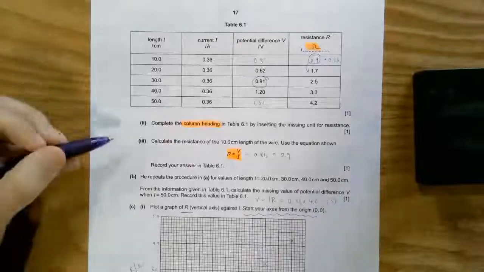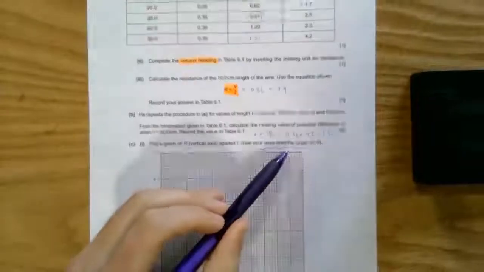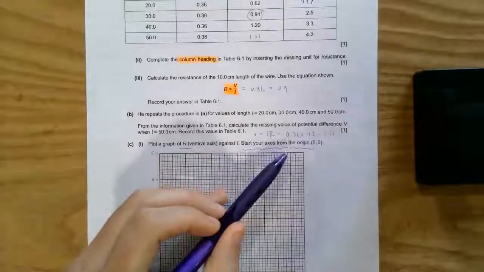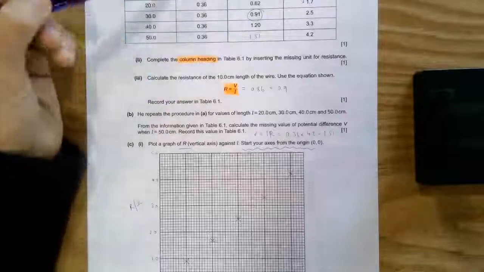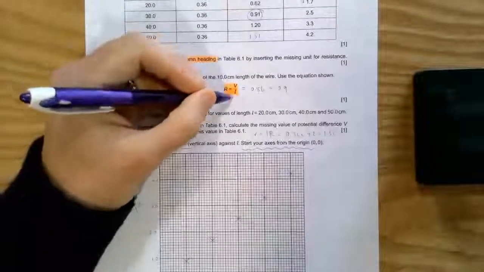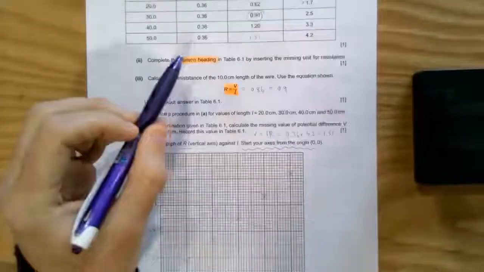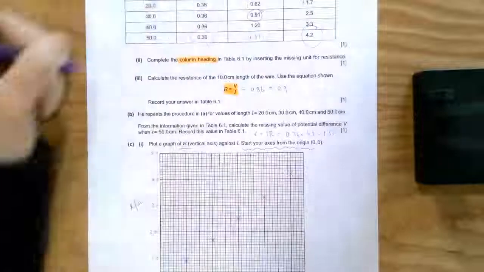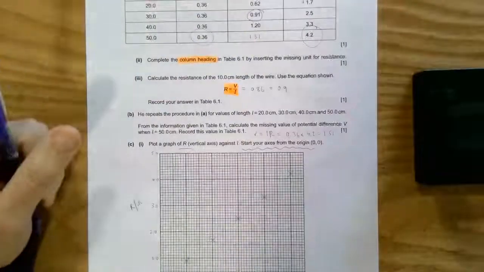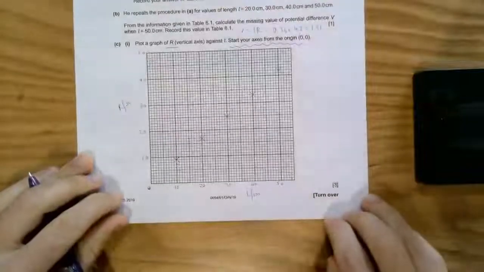Last one, we're asked to then put in the missing value of the potential difference as well. Our potential difference, well, if R is V over I, then V is equal to IR, okay? We've got to take our value of our current, 0.36, and the value of our resistance, multiply them together, and we get 1.51.